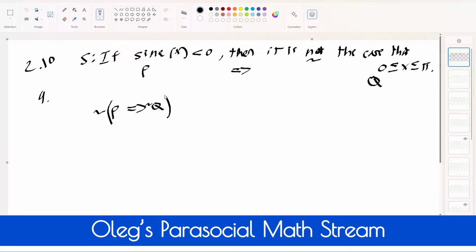Well, let's just see if we can negate this. If sine x is greater than or equal to 0, then it is the case... all we're doing is dropping the not.